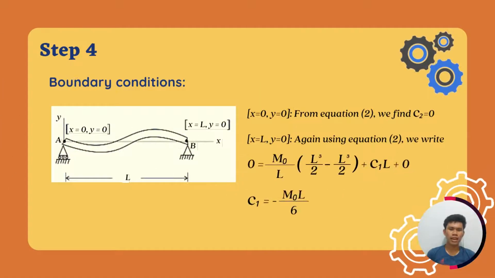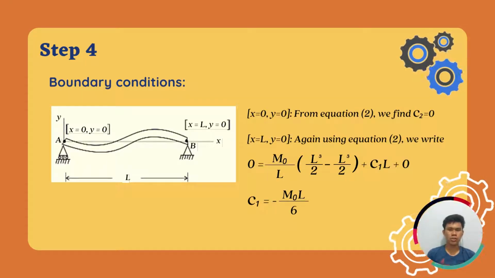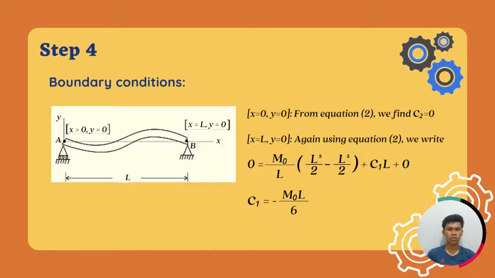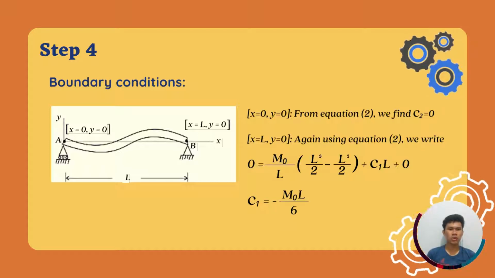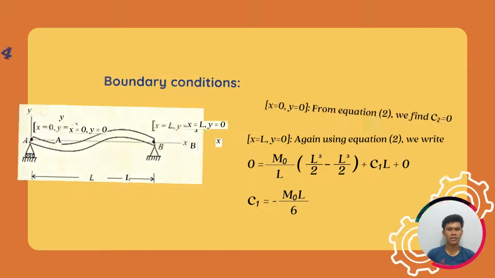So by letting x is equal to 0 and y is equal to 0 from equation 2, we find C2 equal to 0. And as x is equal to L and y is equal to 0, again using equation 2, we can find C1 is equal to negative M0 L over 6.